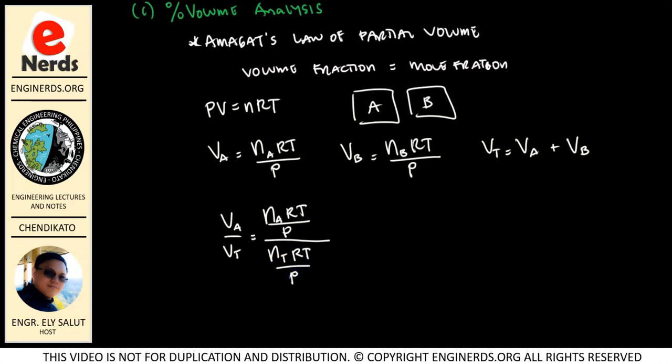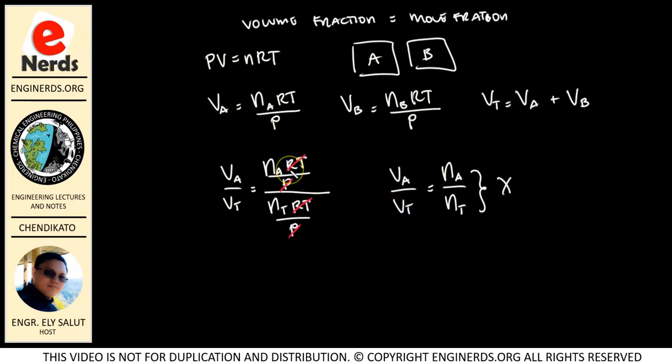Dahil constant pressure and temperature tayo, so our RT and P will be cancelled out. Okay, so therefore, ano yung naiwan? We have VA over VT is equal to nA over nT. So, ano ba tong nA over nT natin? Di ba, nA over nT is our mole fraction, di ba? So, therefore, yung volume fraction natin is equal sa ating mole fraction.